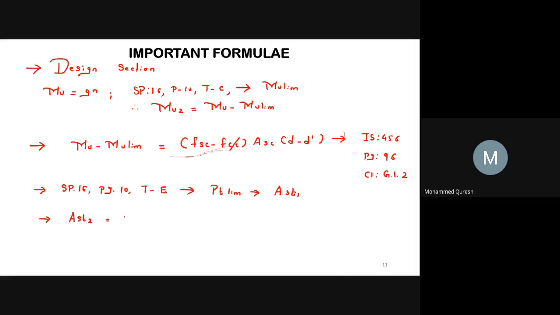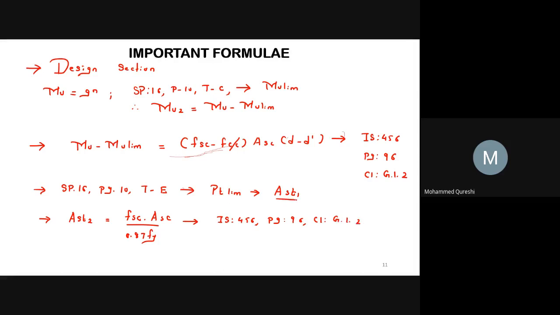Then our next step will be to calculate the value of Ast2, and as we discussed earlier, Ast2 will be fsc into Asc upon 0.87 fy. This equation is also given in IS 456 2000, page number 96, clause G 1.2.